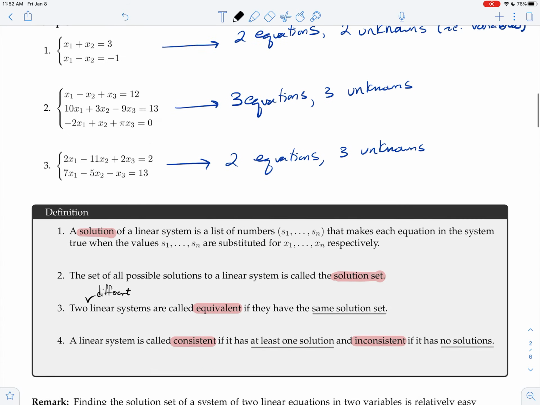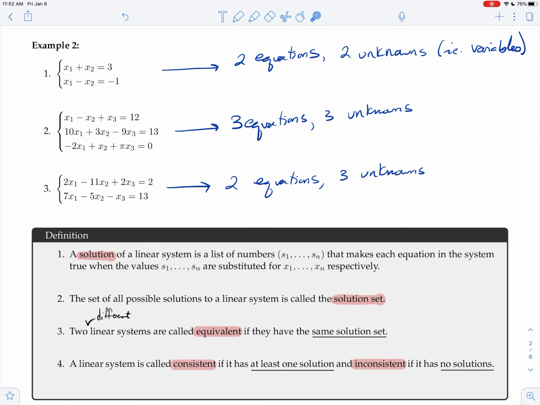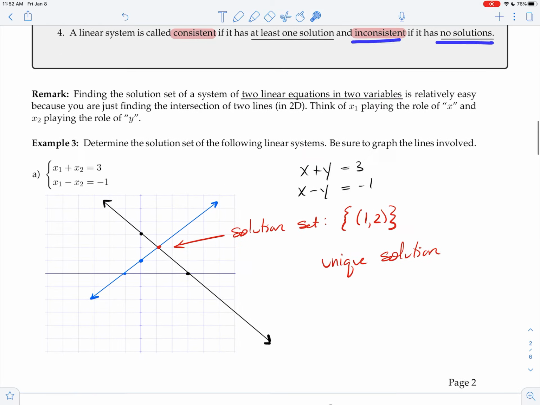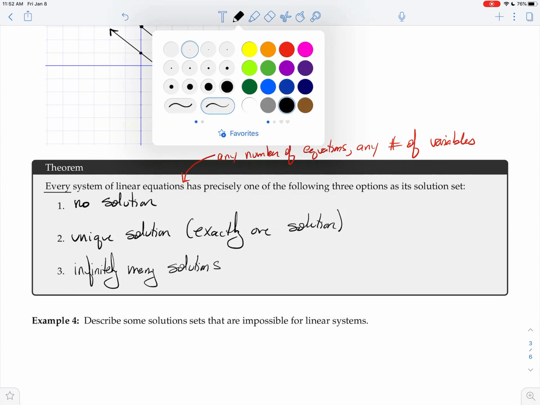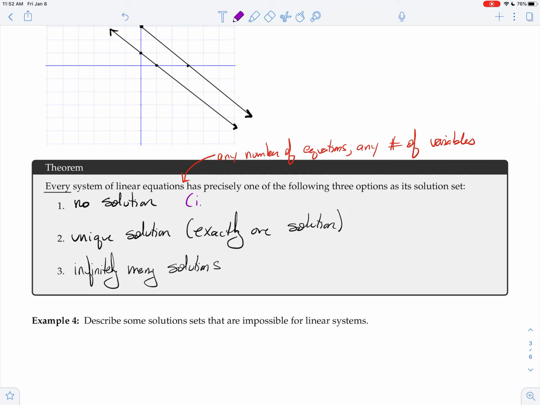We talked about a linear system is called consistent if it has at least one solution, and inconsistent if it has no solutions. And so now we realize that, okay, the no solution situation, this is inconsistent because there's no solution. A unique solution means you do have one solution, and so in this case, the system is considered consistent.